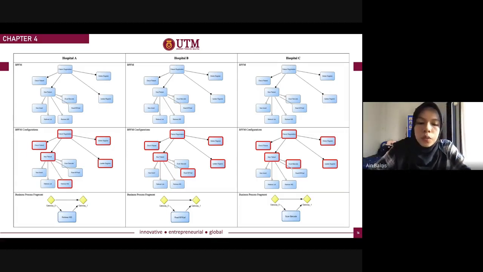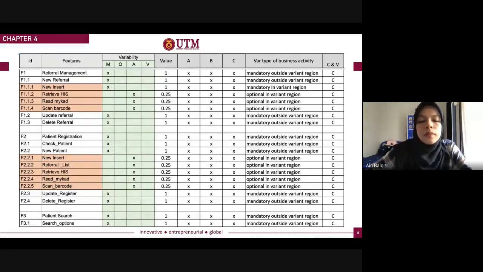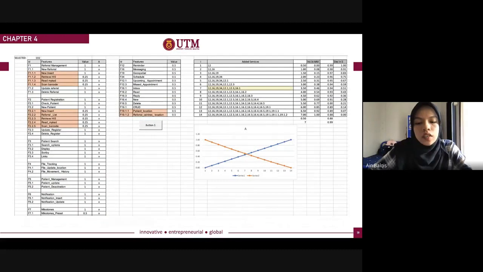From the BPFM, we can assign a weight by referring to the variability type from this probability of occurrence table. The result is represented in the product map, to which I added another column for the variability value.